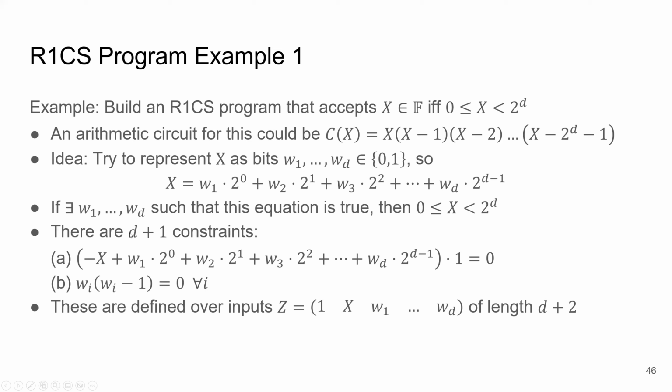Now, these constraints can then be represented using the matrices A, B, and C, and the input vector Z. In this case, the input vector Z, we will represent as the scalar 1, the public information X, and then these bits W1 through WD. And this will have length D+2 total.